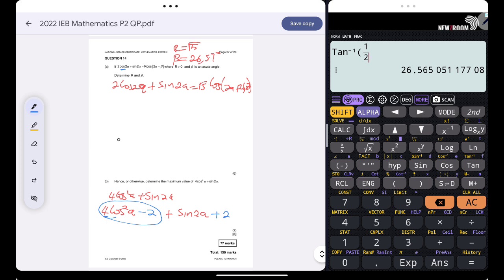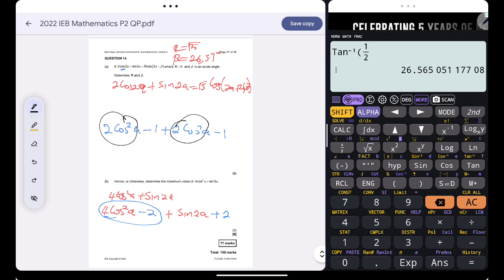Please note, 2 cos squared A minus 1 plus another 2 cos squared A minus 1. When I add these two, I'll get this guy. Does it make sense? When I subtract 1, I'll get this one.